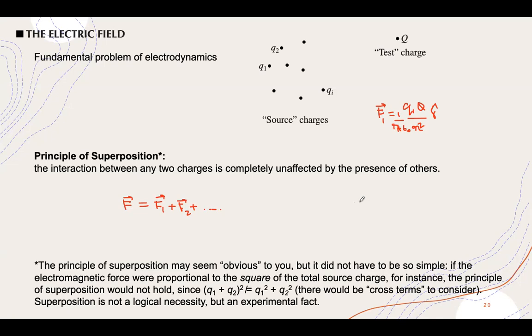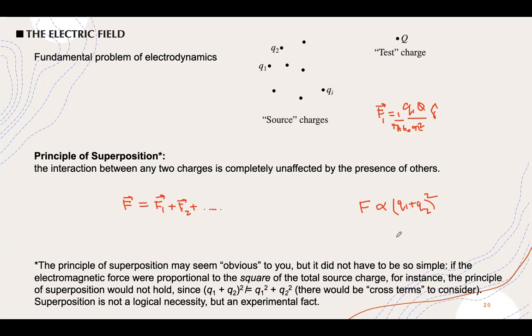That means some law says that F is proportional to the sum of all charges squared. Let's suppose we have two charges, and the force is the square of their sum. Then the principle of superposition is not going to hold.